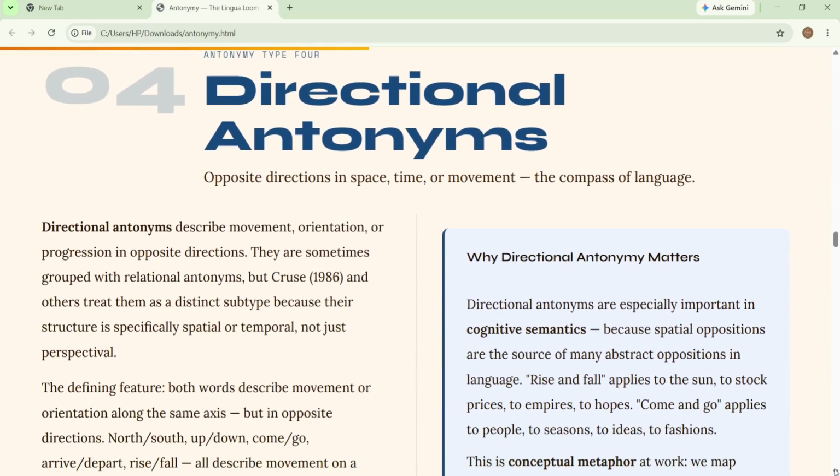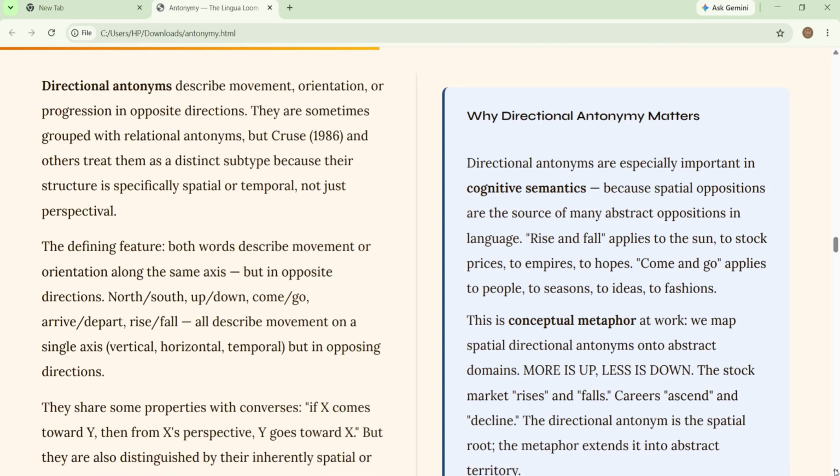Next type, directional antonyms: opposite direction in space, time, and movement. A compass of language. Directional antonyms describe movement, orientation, or progression in opposite directions. They are sometimes grouped with relational antonyms, but Cruse and others treat them as distinct subtypes because their structure is spatial or temporal, not just perspectival.